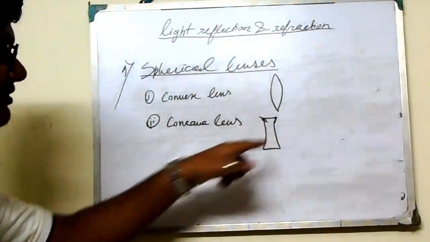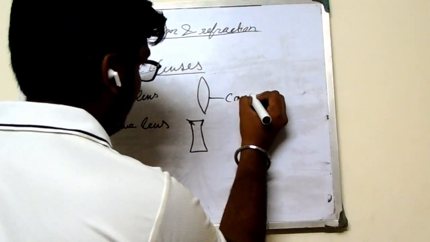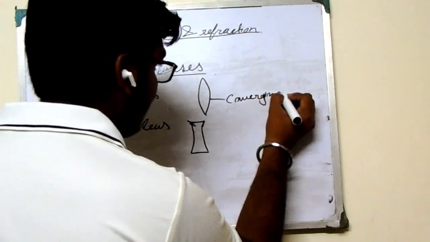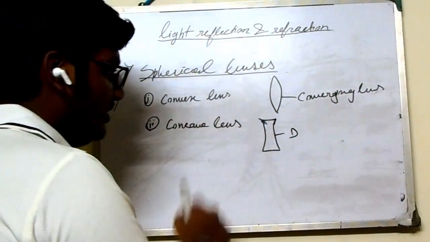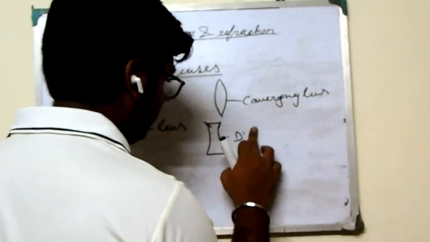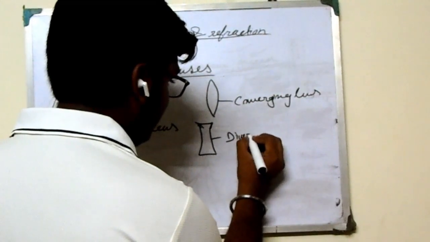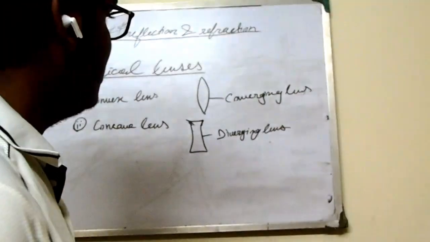Convex lens is also known as converging lens, and concave lens is known as diverging lens. Converging lens and diverging lens.